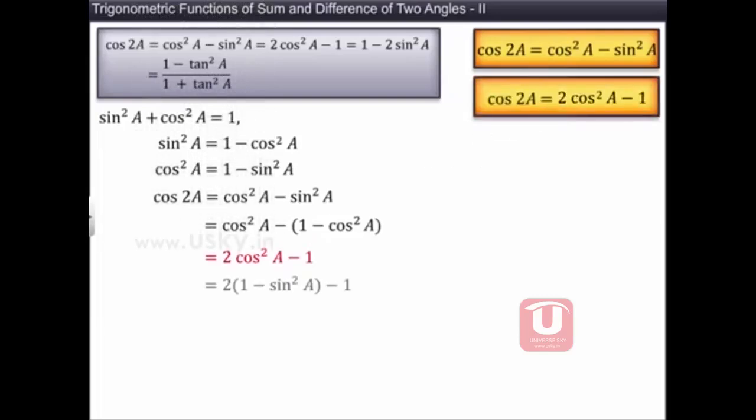Now, substituting cos square A is equal to 1 minus sin square A, we get 1 minus 2 sin square A.